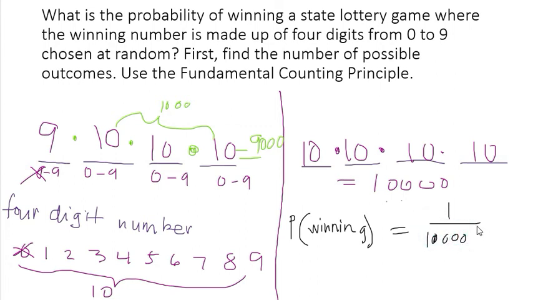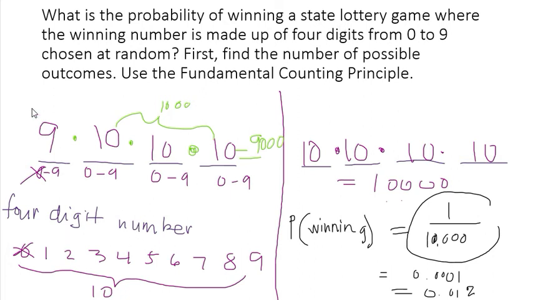So if you put your bet on one choice, on one given combination, therefore 10,000 is the total. So this is your probability of winning, 1 out of 10,000, or it could also be written as 0.0001, or in percentage could be 0.01%.